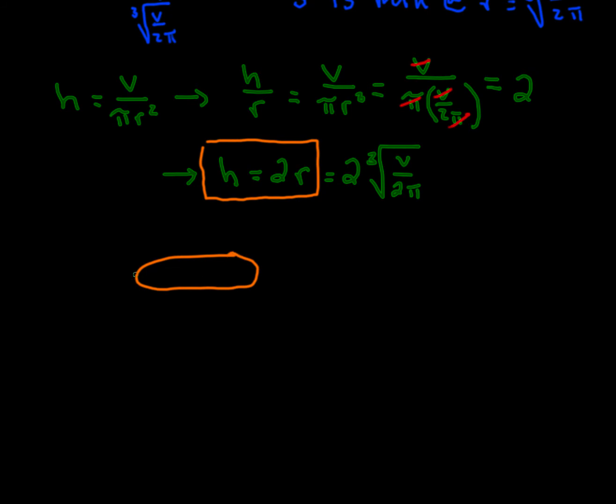Its diameter, 2r, will be the same as the height. So a can that minimizes the surface area for some fixed volume will always have the relationship that its diameter and height are the same. Good to know if you're ever out there having to develop cans and you want to minimize the surface area.